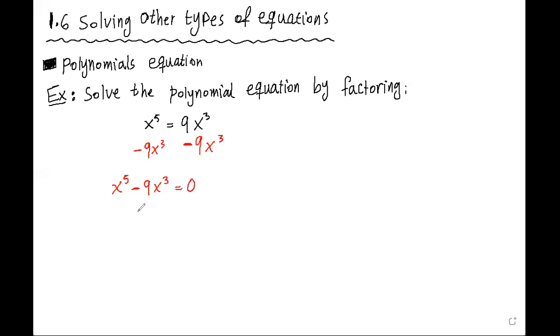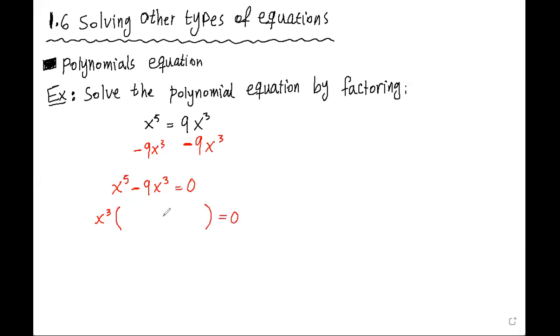Now, how can we factor this? What is the greatest common factor between the first term and the second term? You can factor out x to the third. So we can factor it as x to the third, open parentheses, equals 0.